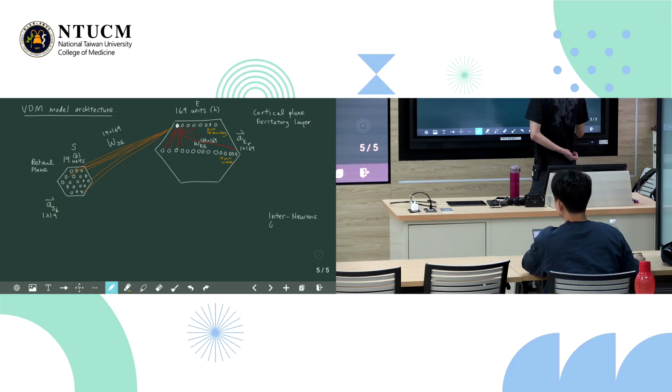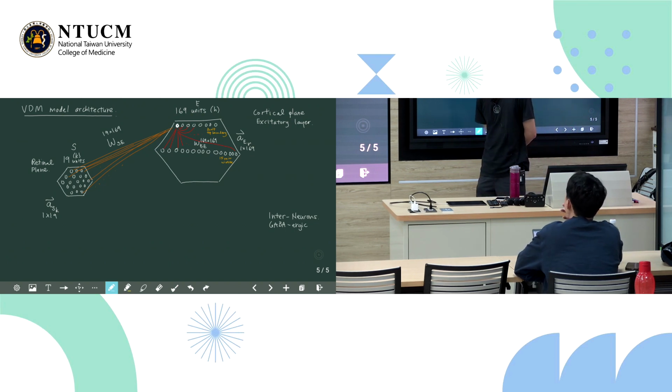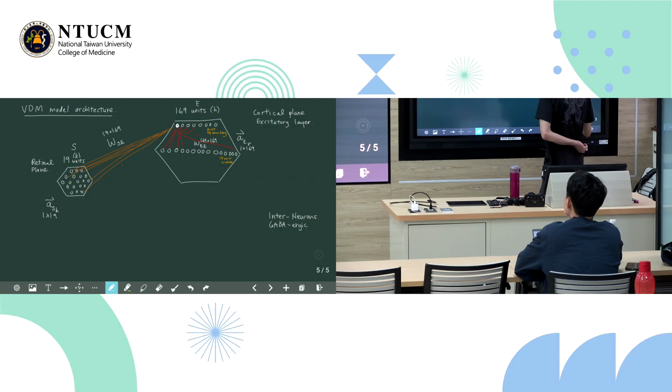And they are what we call GABAergic, meaning that they operate using the gamma-aminobutyric acid neurotransmitter, and because of that, they have inhibitory roles.